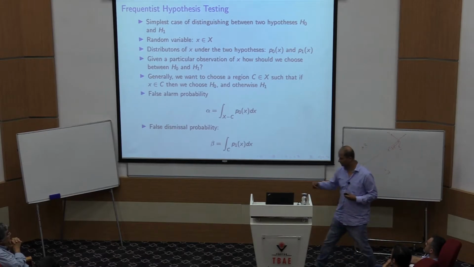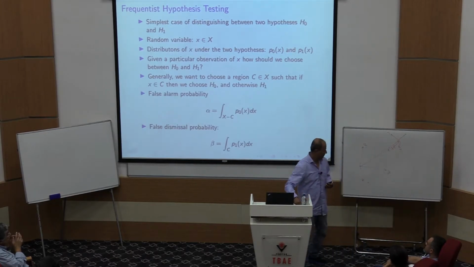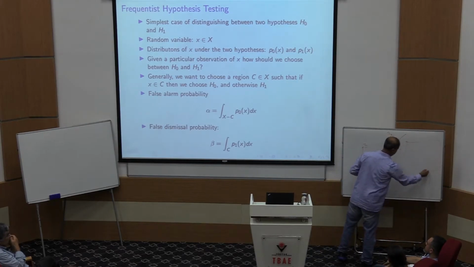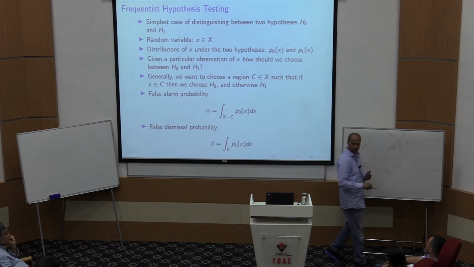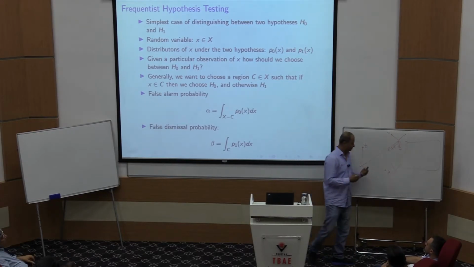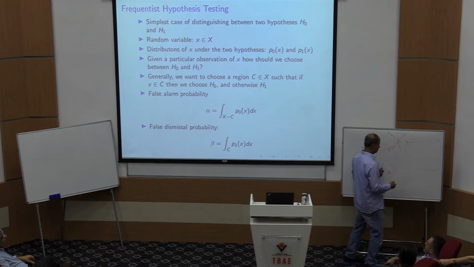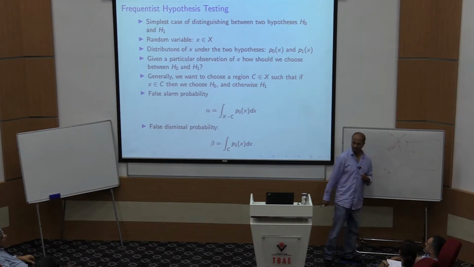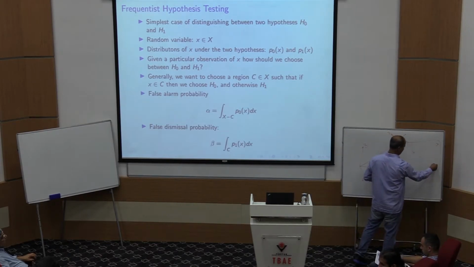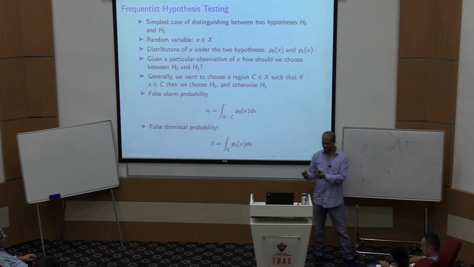So if you phrase it a bit more generally, you can think of it in the following way. Let's say this is the space of all your possible observations, let's call it big X here. So you get a measurement, you get some point in this space. You could get something here or something here. In each of these cases, what should you do?